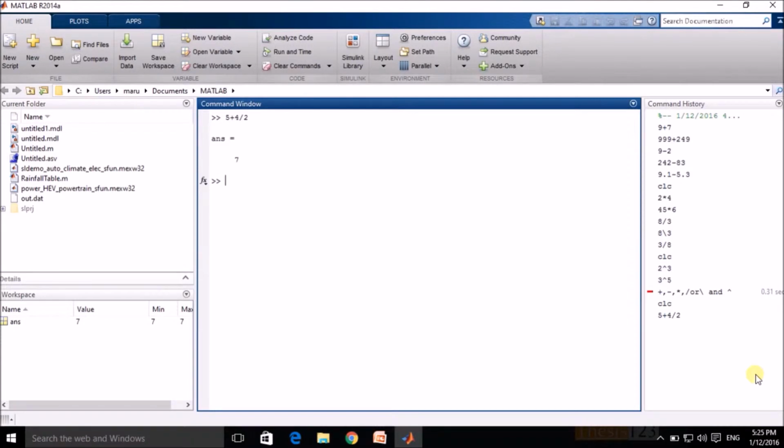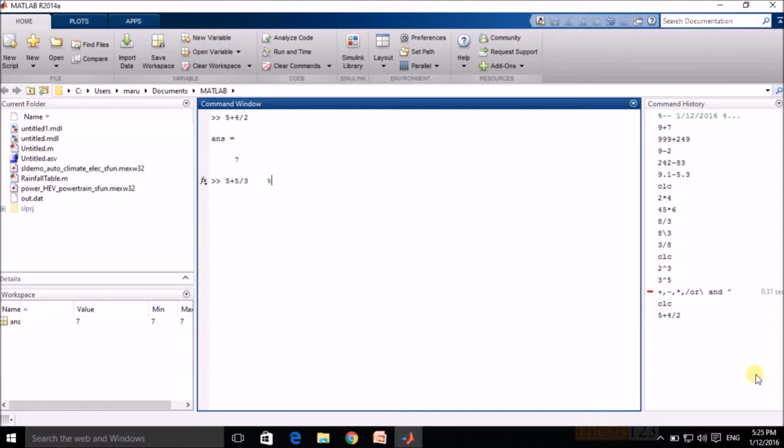Now I will show you the execution of mathematical expressions. It's 5 plus 5 by 3. For this I need to give an expression.